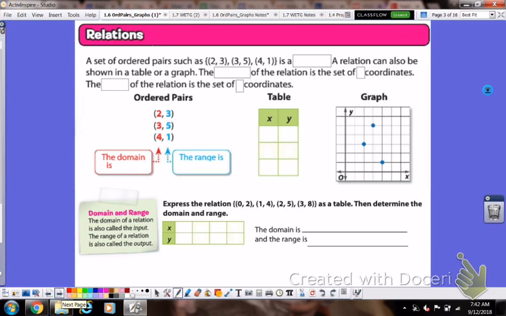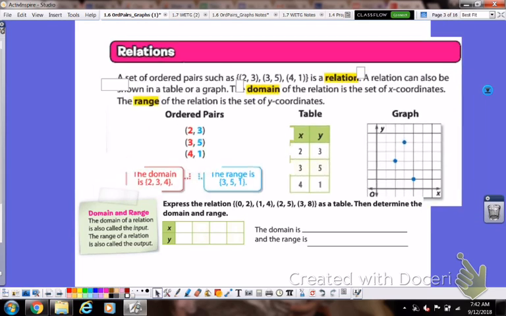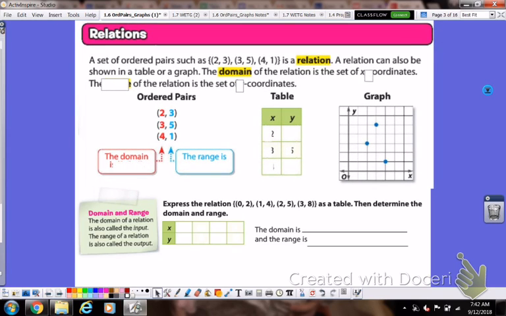If we check out a relation, a set of ordered pairs such as (2, 3), (3, 5), (4, 1) is called a relation. A relation can also be shown in a table or a graph. The domain of the relation is the set of x coordinates. The range of the relation is a set of y coordinates.